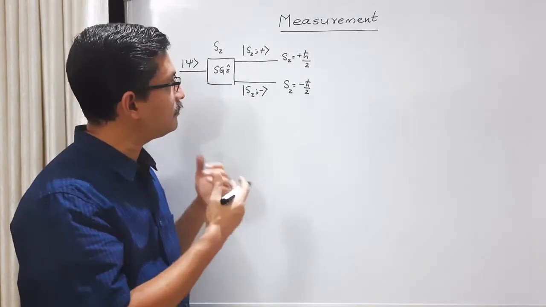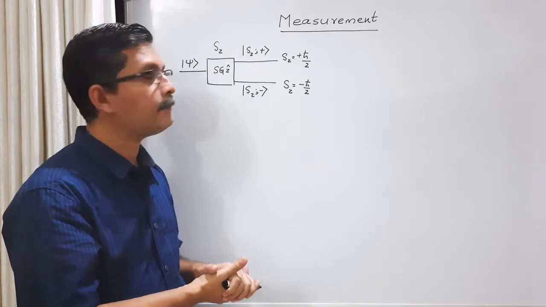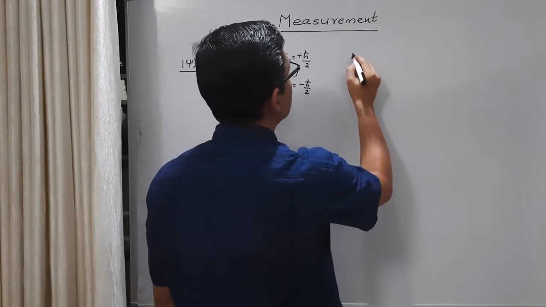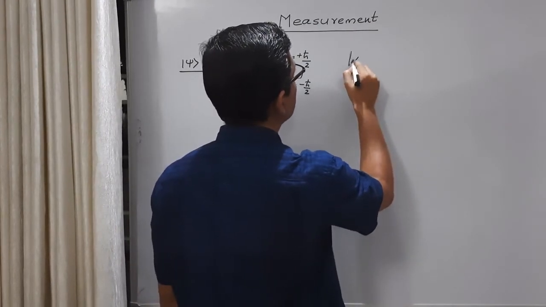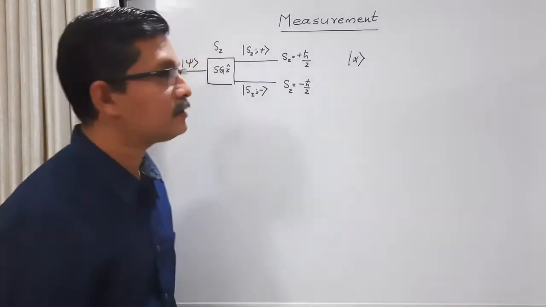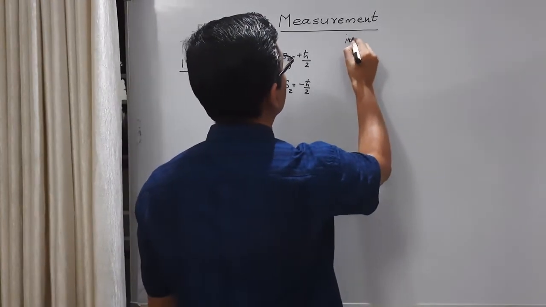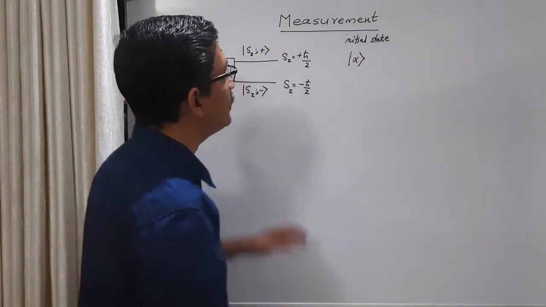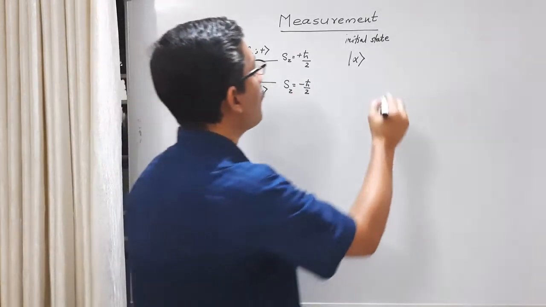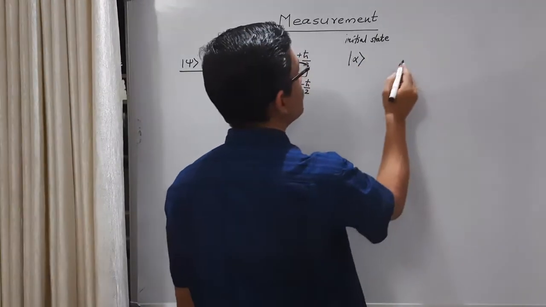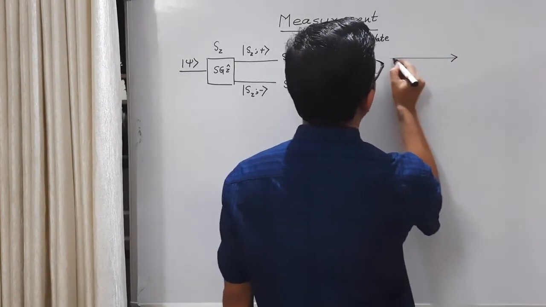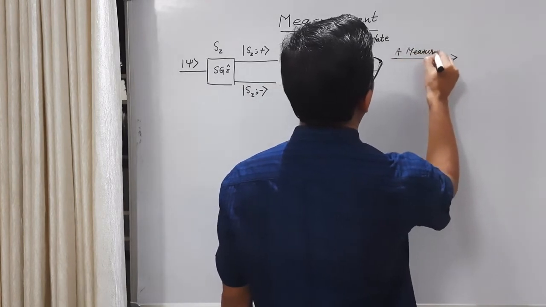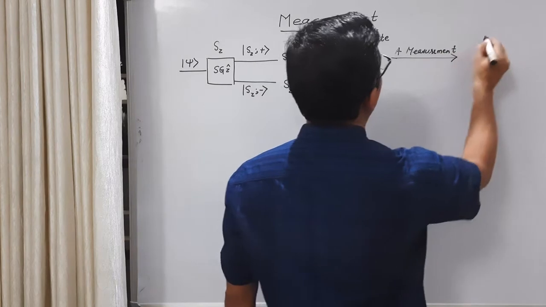So let us try to generalize this idea. If the system is in a general state, let's say ket alpha, this is the initial state. Then if we make a measurement, what is the final state?